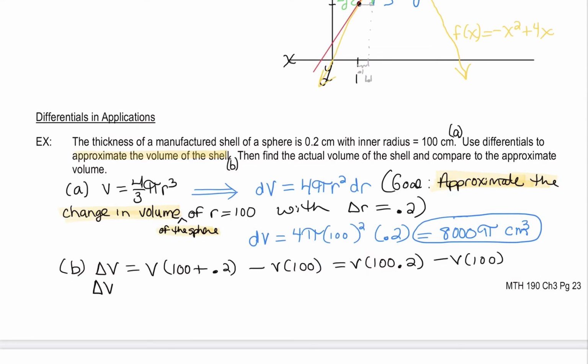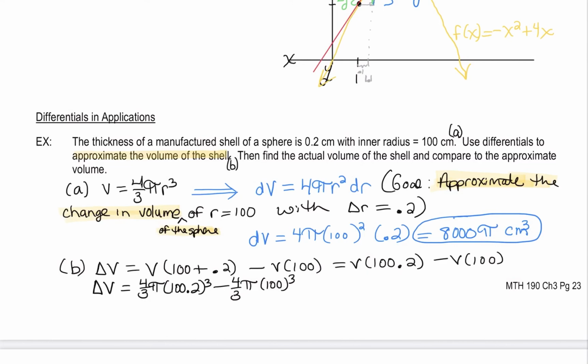So change in V is going to be 4/3 pi, the formula for volume, times 100.2 cubed, minus 4/3 pi times 100 cubed.